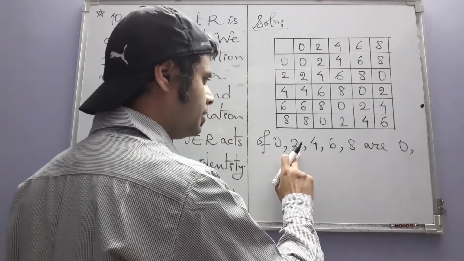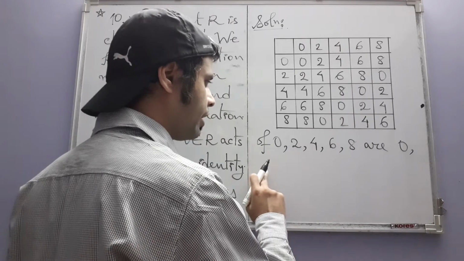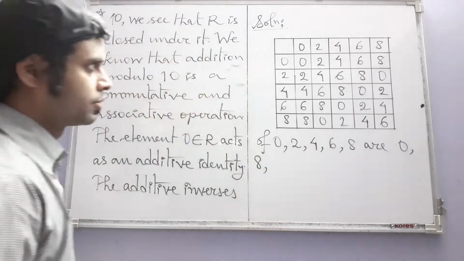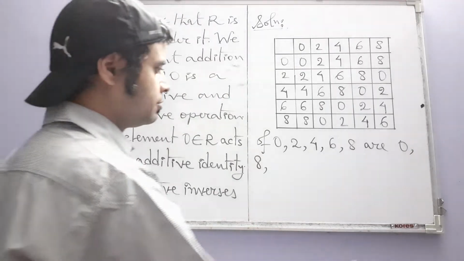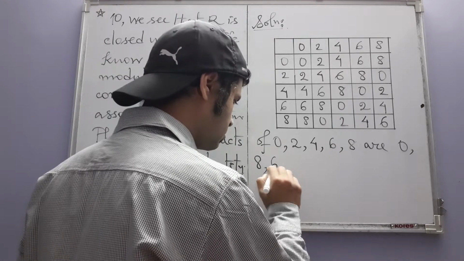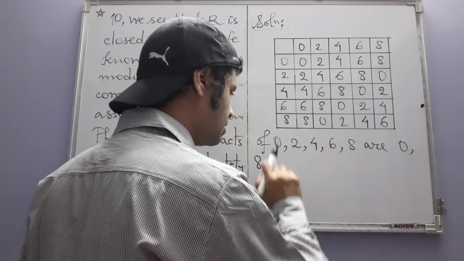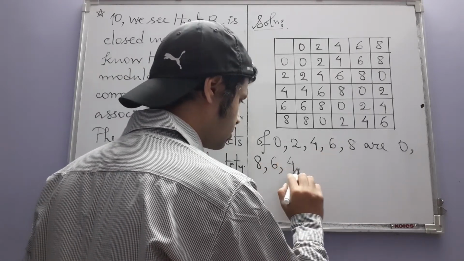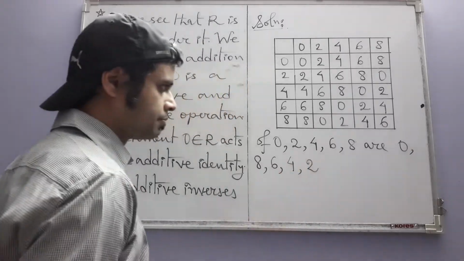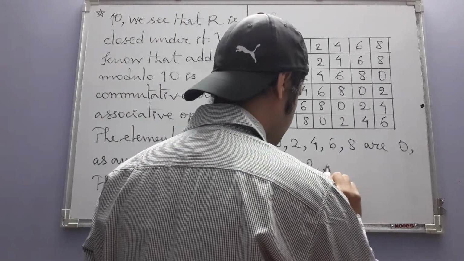So that means the inverse of 2 under addition modulo 10 is 8. What about 4? The inverse of 4 is 6, and hence the inverse of 6 is 4, and the inverse of 8 is 2. So these are these respectively.